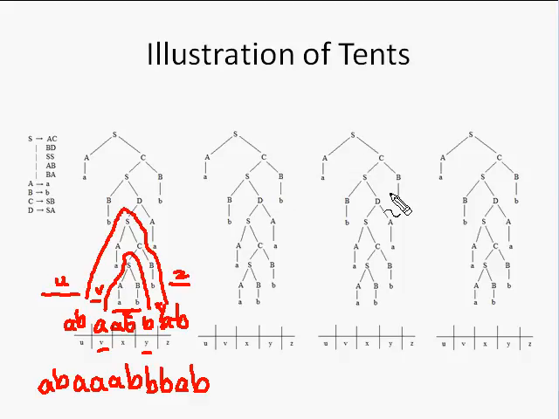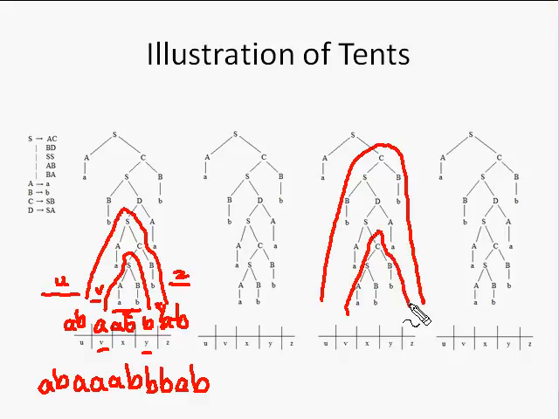Let's go over here and pick C. There's C self-embedded in this tree too. Let's pick C and just do this one more time. So there's the tent around the top C, and here's a tent around the lower C. And this breaks my string up into A for the part called U, BA for the part called V, ABB for the part called X, AB for the part called Y, and Z is empty.